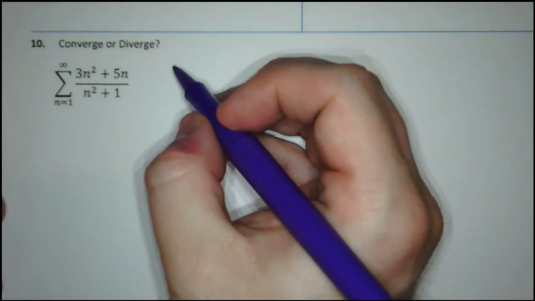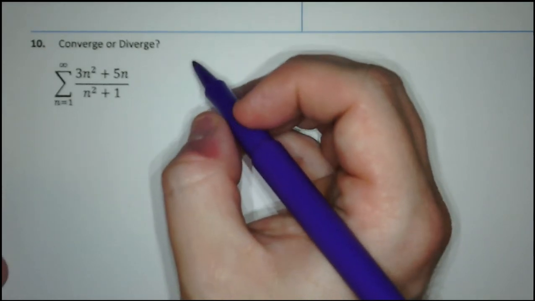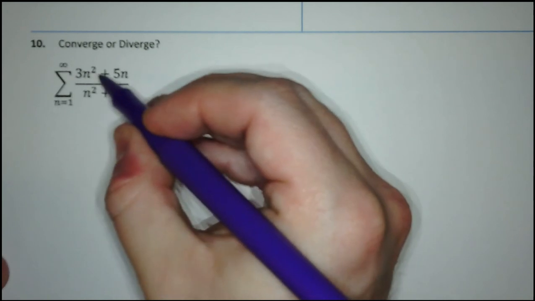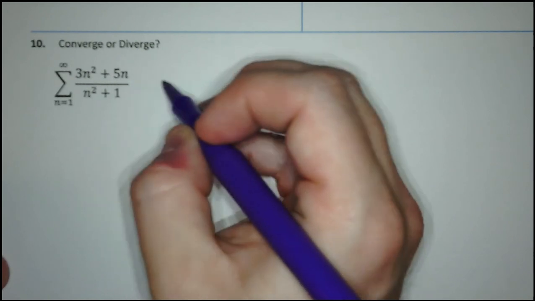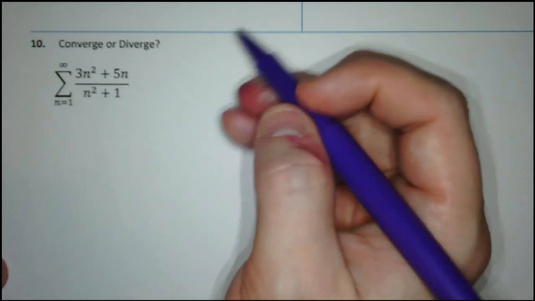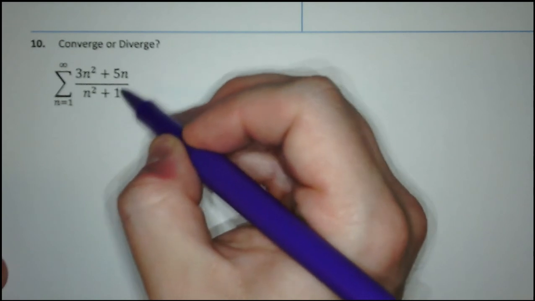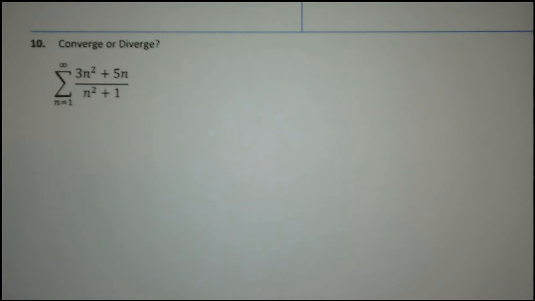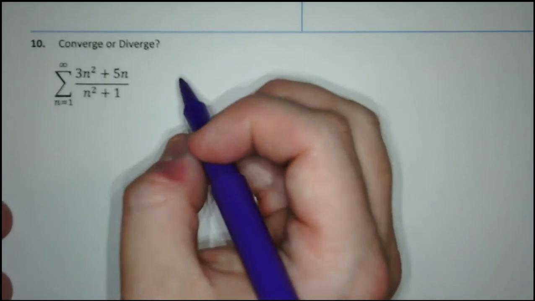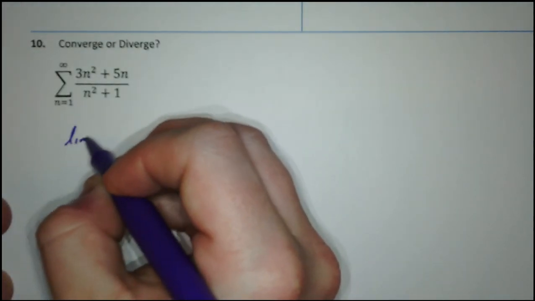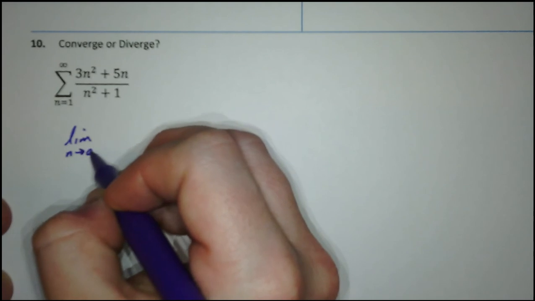What are the first tests that we're probably trying really quick? P-series test? No, it's not a p-series. We could maybe compare it to a p, I don't know. But it's not geometric. But what's one of the other tests you should probably try first really quick? The nth term test.